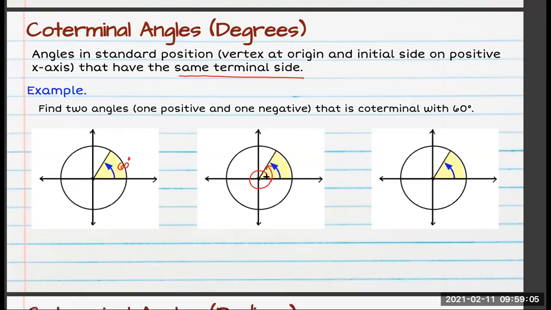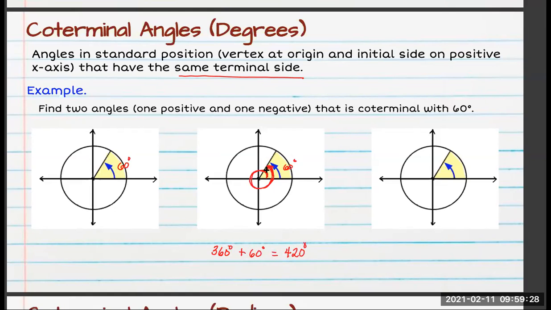So one complete revolution is 360 degrees. That's this part. And then you have to add this, which is equal to 60 degrees. So 360 plus 60, that would be 420 degrees.